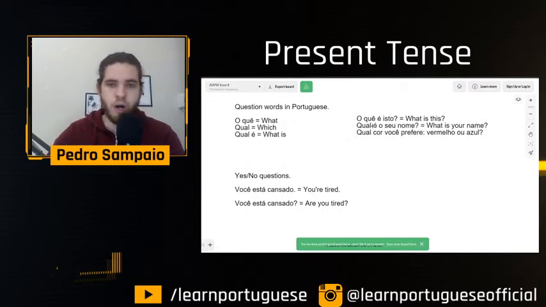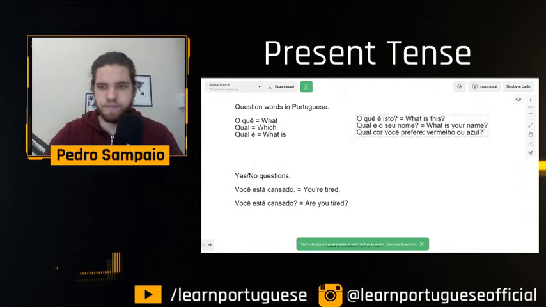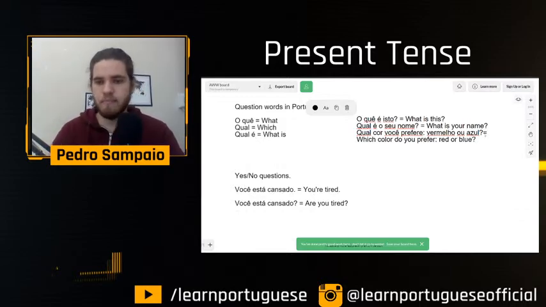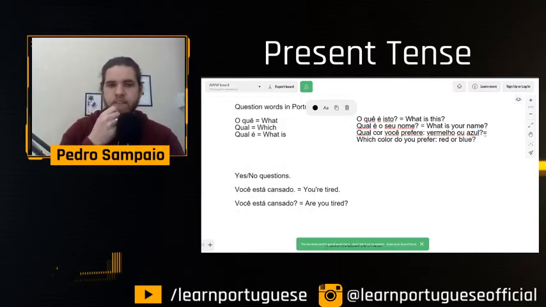We don't use qual é. Only qual. Then it's which. So in English, which color do you prefer? Red or blue? Blue. So that's a little confusing, and if you understand this, then you can understand everything else.